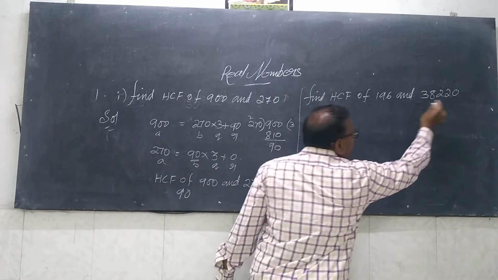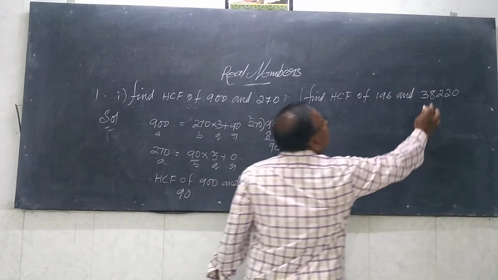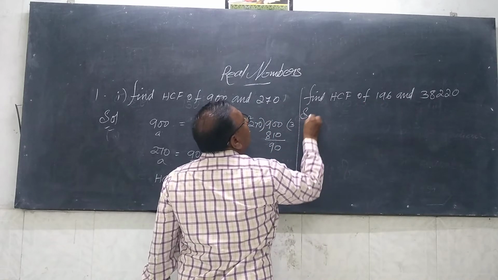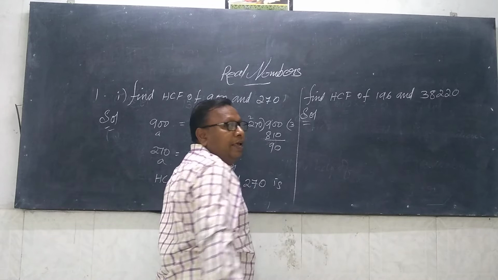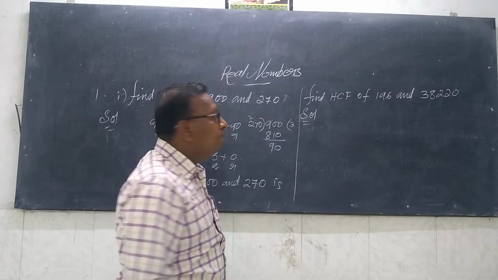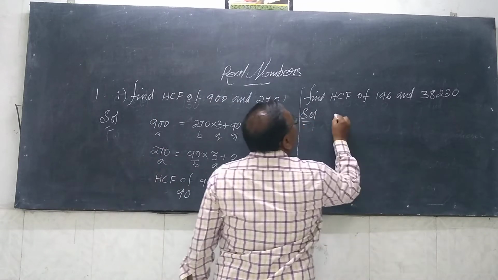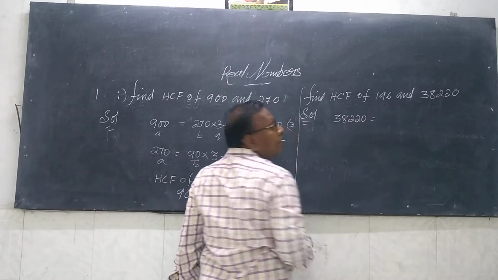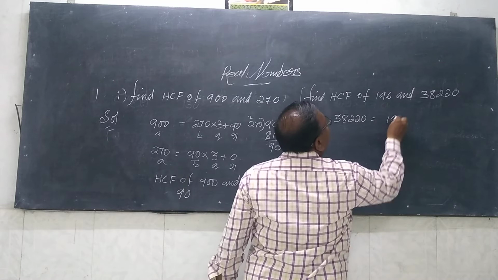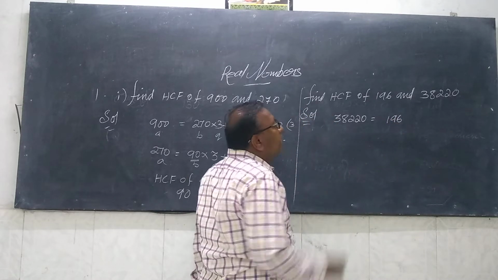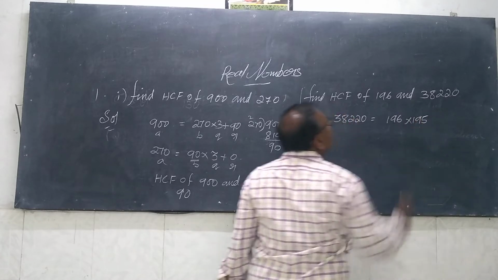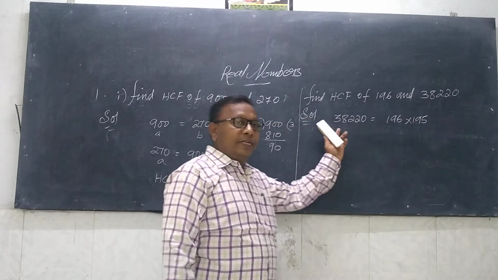Among these two, it's again clear that 38,220 is larger than 196. So now we are finding the HCF of these two numbers. 38,220 is being divided by 196. So 196 into 195 times will give you this result.